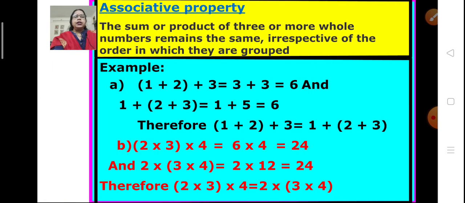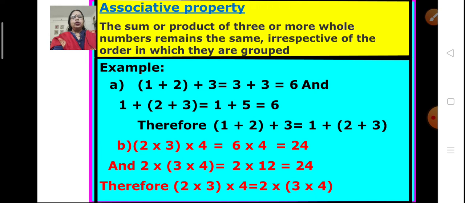Now what is the associative property? The sum or product of three or more whole numbers remains the same irrespective of the order in which they are grouped. When we have more than 2 numbers, we group them together for the convenience of getting the answer easily.